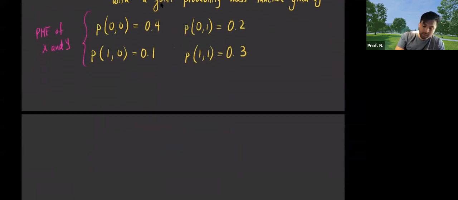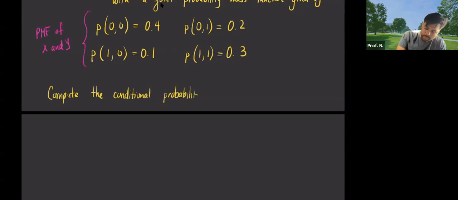Now what I want to do is compute the conditional probability mass function of X given that Y equals 1.